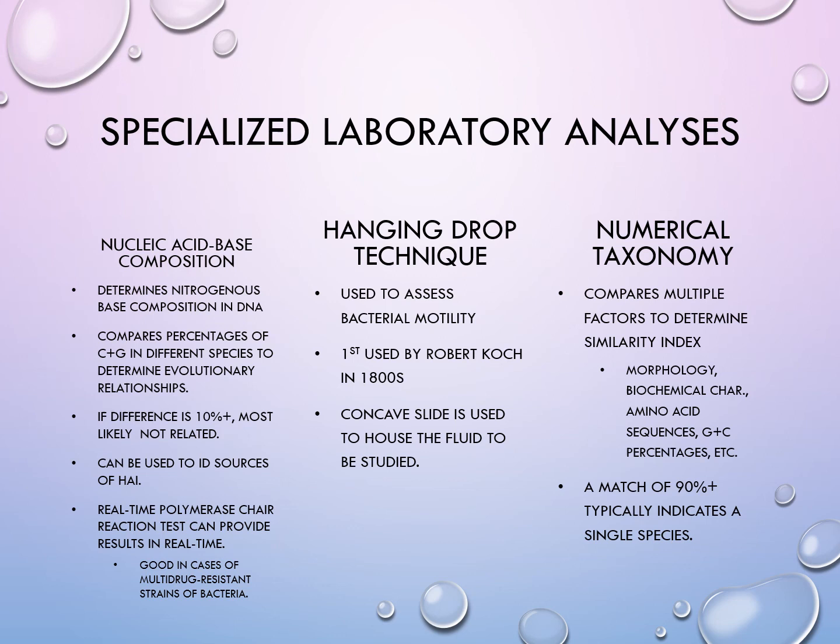And so here we are looking at the percentage of nucleic acids that are the same in each organism. So if there's a 10% or more difference in their guanine and cytosine, which is what they're specifically looking at, those bases, in their percentage of pairs, then they're not going to be related.